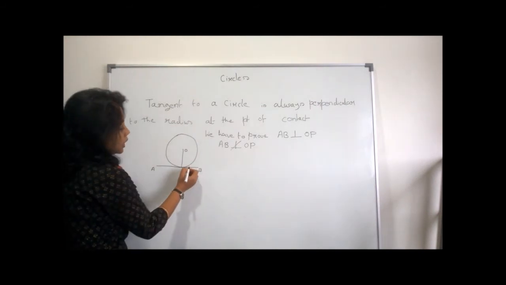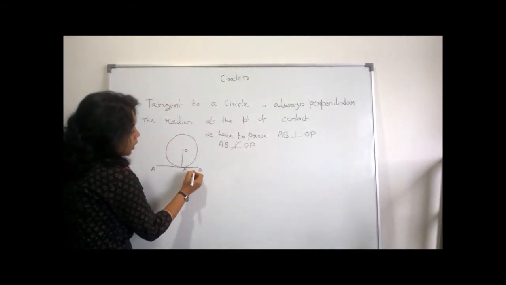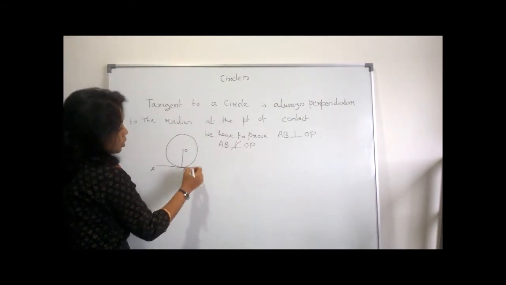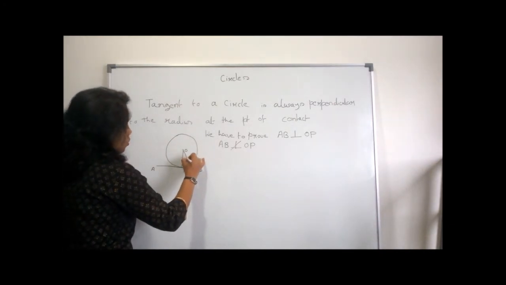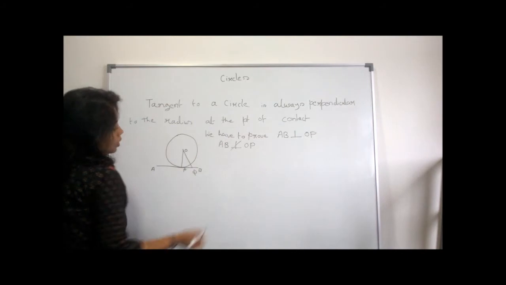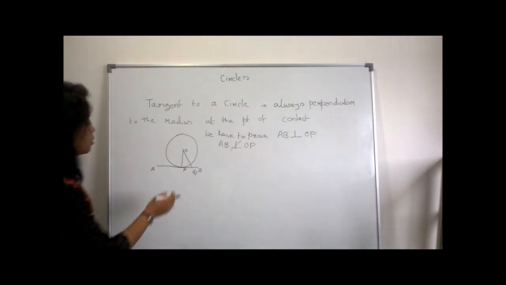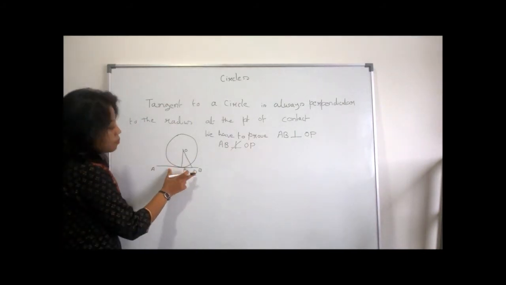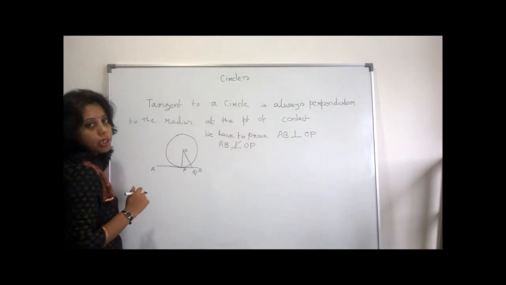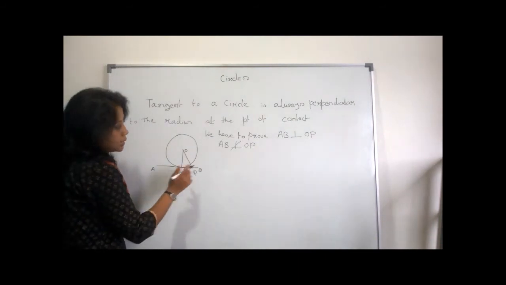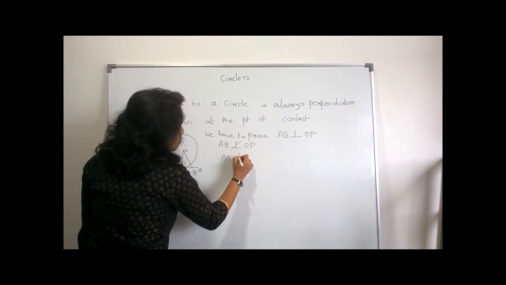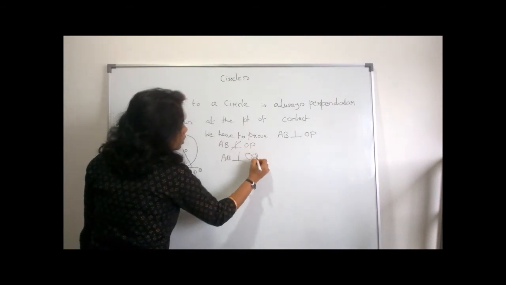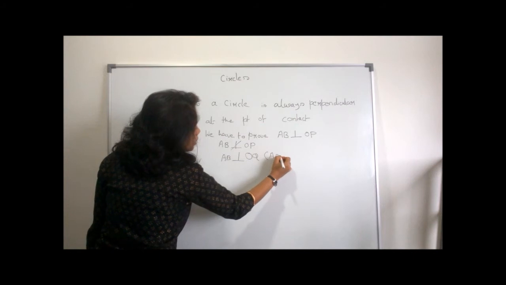And we take another point Q here, and we join OQ. And we assume that AB is perpendicular to OQ.